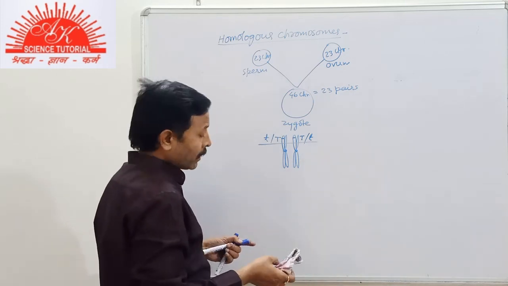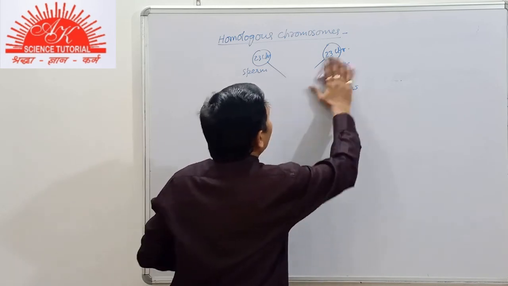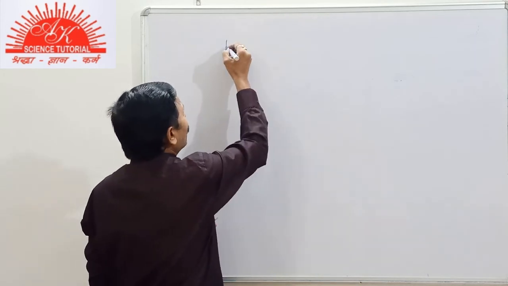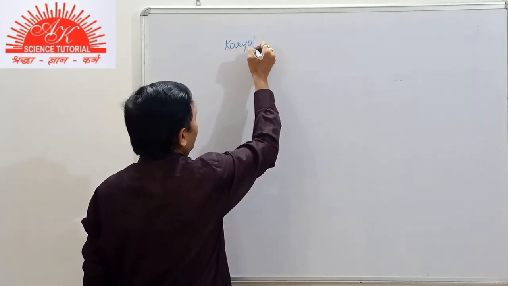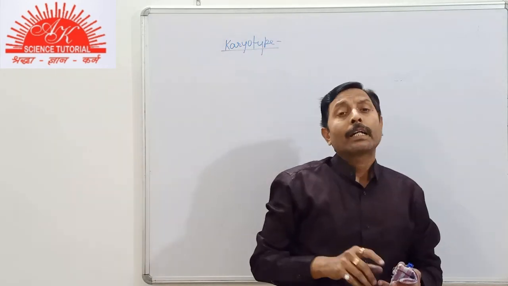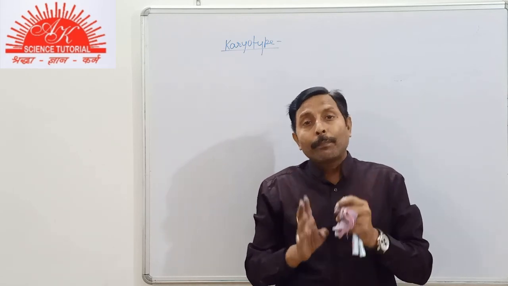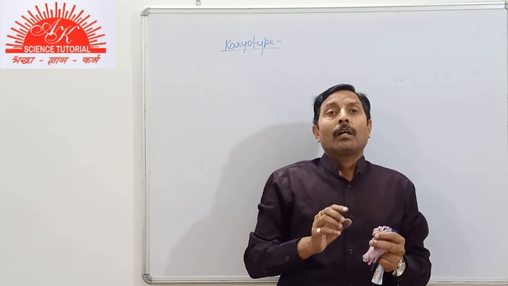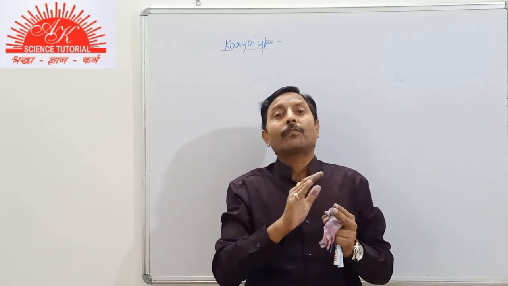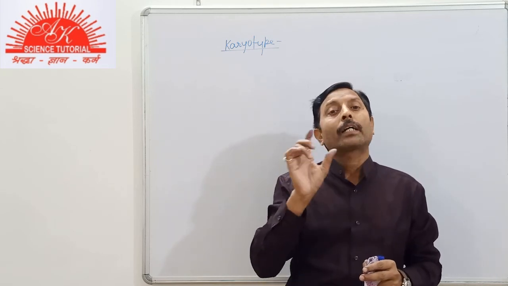Clear? Now, students, we have discussed different types. One more term comes in this part to study, that is called karyotype. What is it? Karyotype is the photograph or picture taken to arrange the chromosomes on the basis of their shape and size in order to study them.